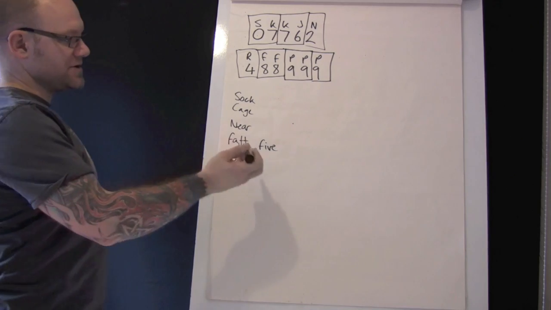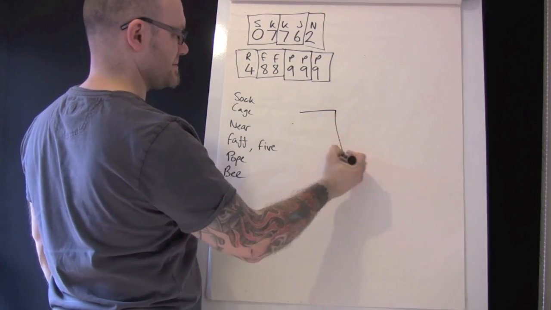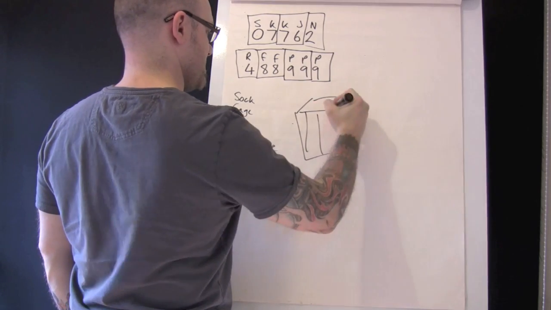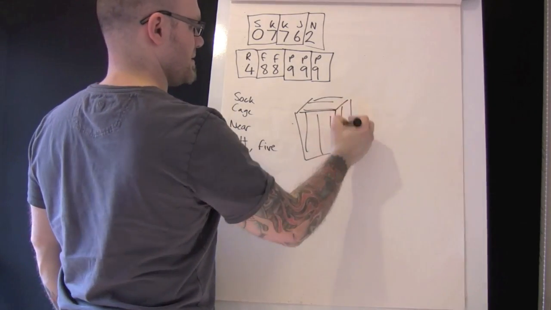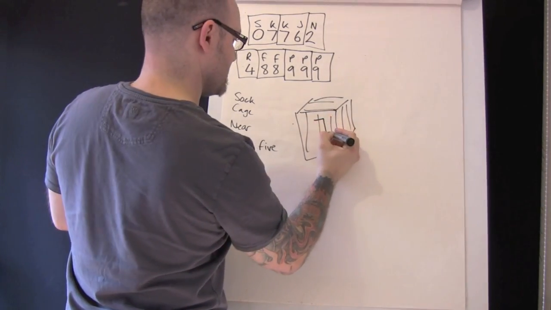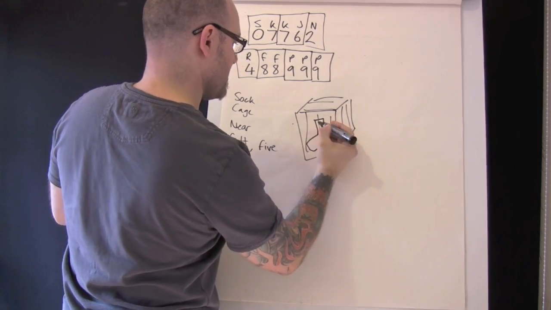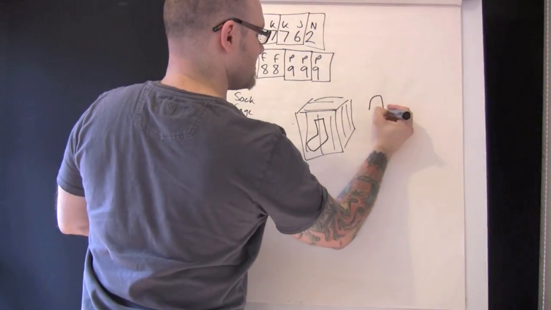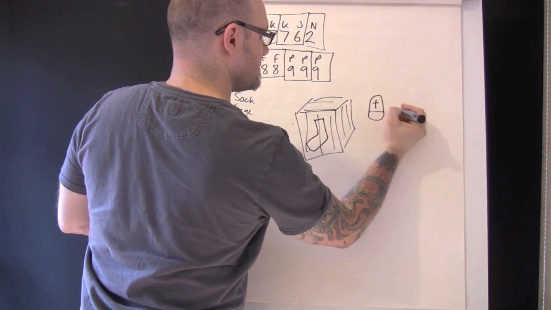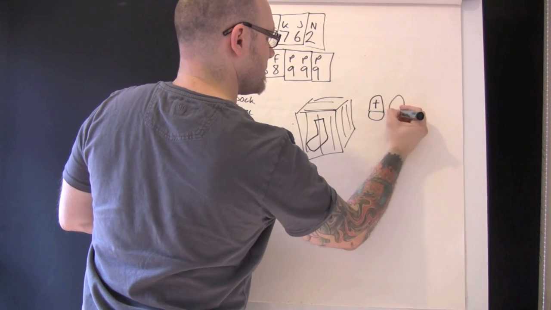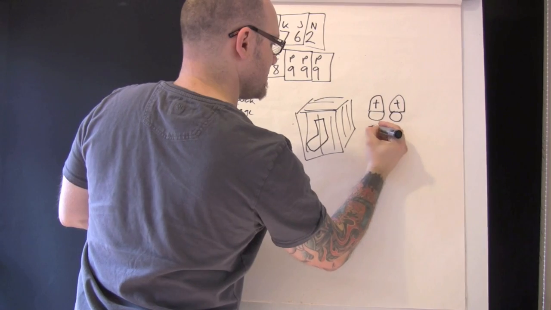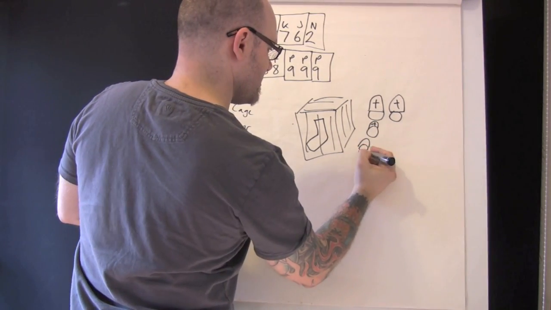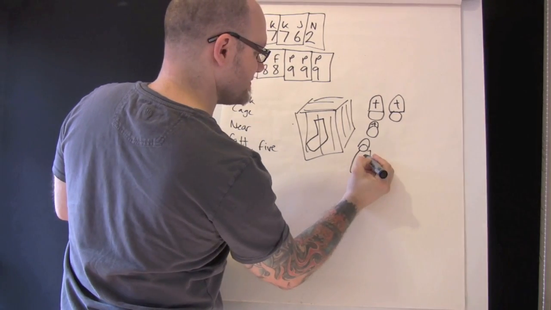Okay, so you can imagine a cage with a sock in it, and it's near 5 popes, or you can imagine a pope with number 5 on his chest.